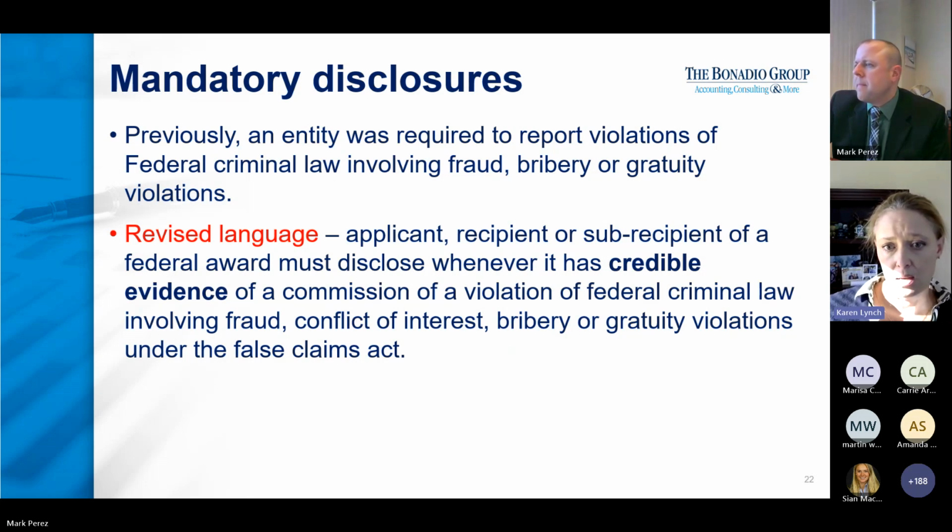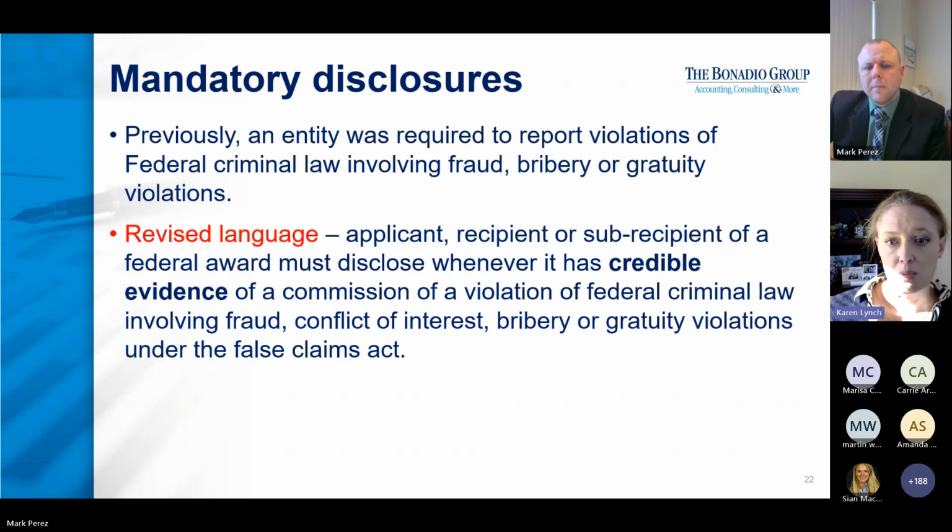Now the requirement is that the recipient or subrecipient, so that would be you all or whoever the funding is possibly passed through to, must disclose when it has credible evidence. So again, legal terminology here, saying that it's worthy of belief and it's trustworthy evidence.